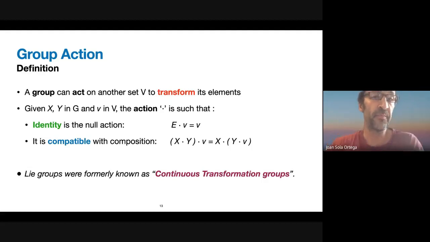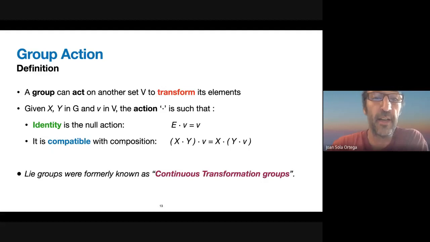So that's the action. And the action also has a couple of axioms, which are very, very intuitive. If you act with the identity element of the group, then the element that you want to transform is unchanged. That's very easy. The identity matrix times any vector gives the same vector.